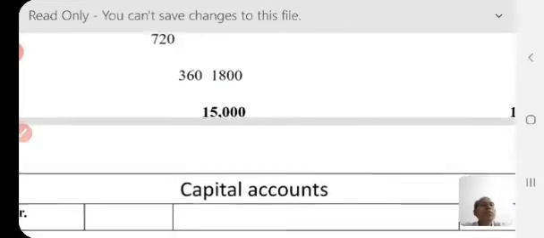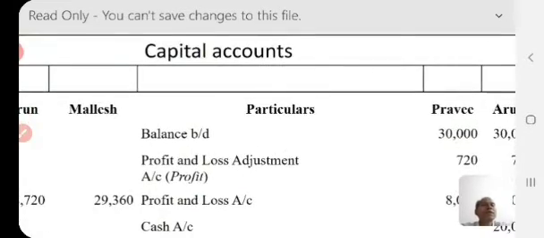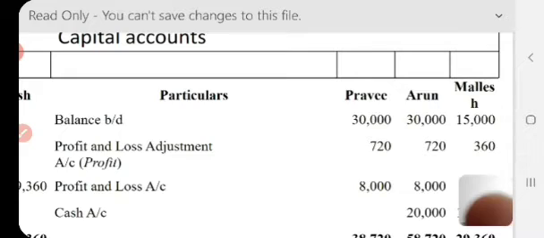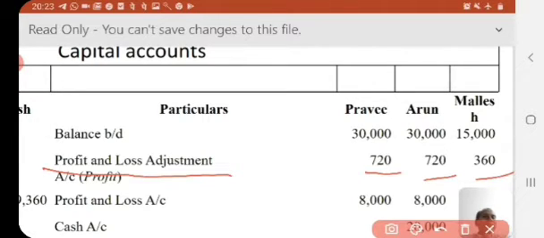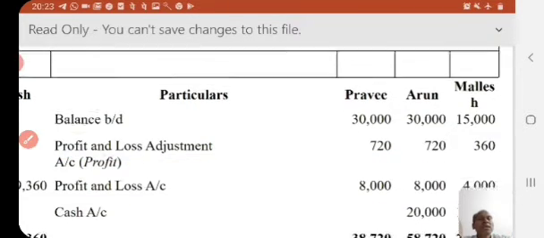In the capital account, by profit and loss adjustment account, 720, 720 and 360. So this is the revaluation profit. It is recorded at the credit side because it is profit.